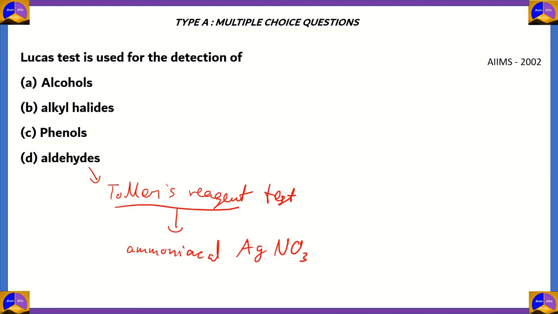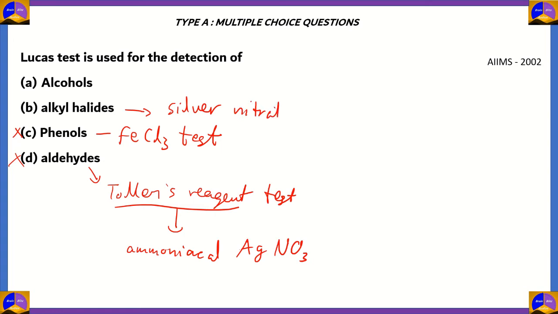Now for phenols, if you want to detect phenols, then the best thing to do is to use the FeCl3 or ferric chloride test. In the ferric chloride test, you get blue, violet, green, or red brown colors if the solution has phenol content inside. So option C and option D are incorrect. If you look at option B, alkyl halides are best found by using silver nitrate.